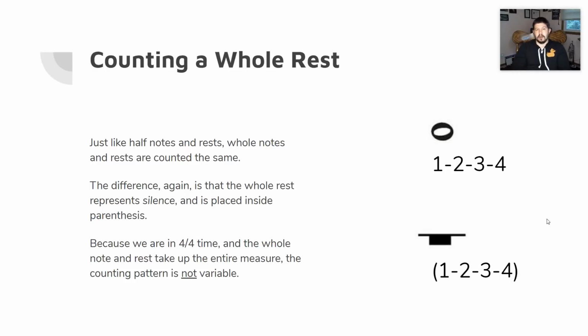So we're going to add our eighth notes, we're going to add our longer rest values, and we are going to take a look at that coming up here in just a moment. So let's move on to the next part of the video, and we are going to learn and get a chance to practice counting those different note values.